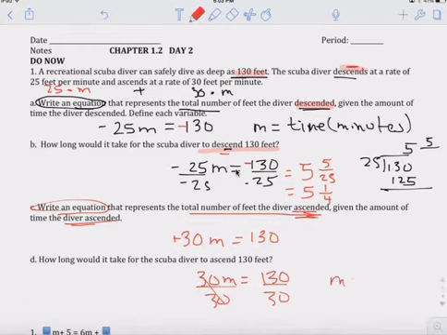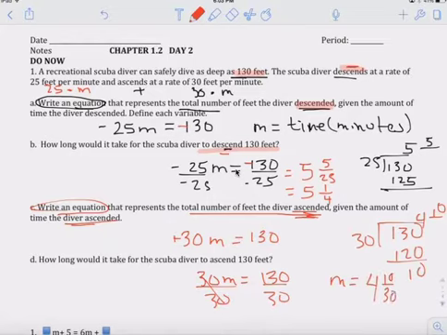Yeah, m equals 130 divided by 30. 5 is too much. 4 is 120, remainder 10. So 4 remainder 10 over 30, which is 4 and 1/3 of a minute.